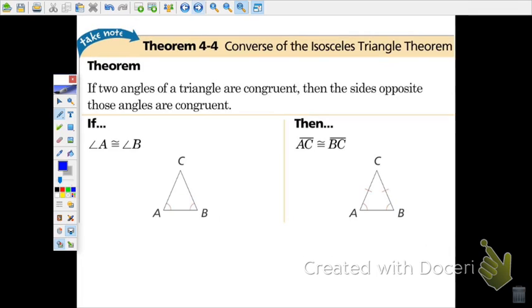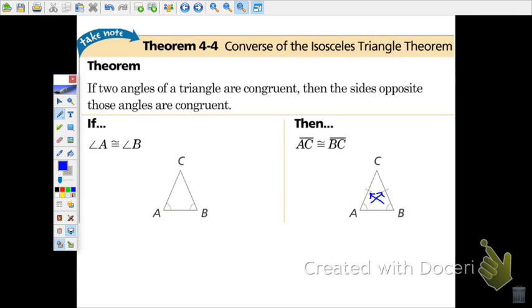The other theorem is the converse of this isosceles triangle theorem, which just means that it goes the other direction. So this time, if we know that two angles of a triangle are congruent, then we know that their opposite sides are congruent.